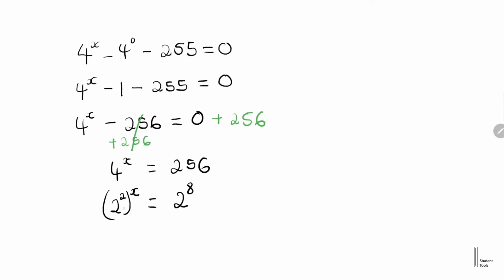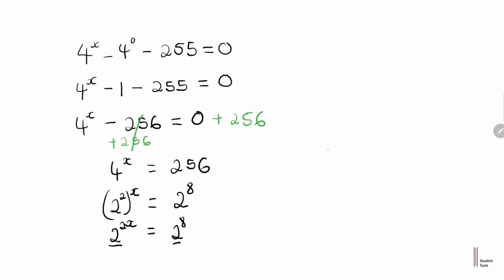All right, now we have this. So (2 to the power 2) to the power x. When we have something like this, we can multiply the indices. So we will have 2 to the power 2x equal to 2 to the power 8. So now we have the same bases.